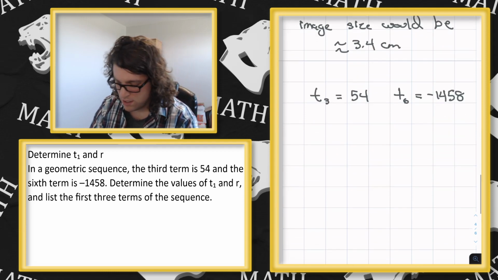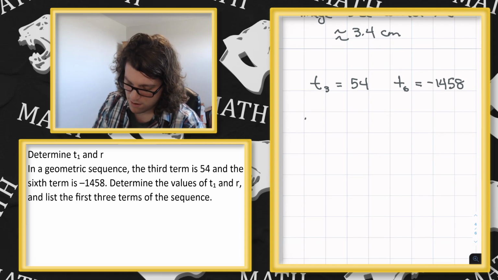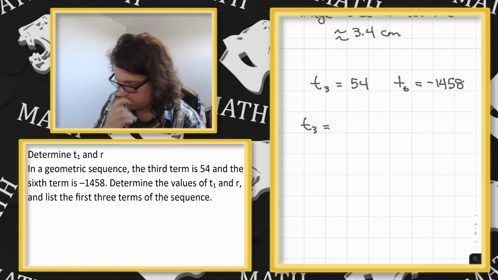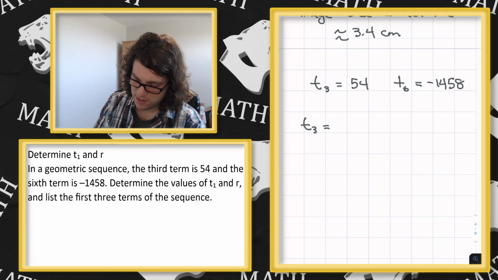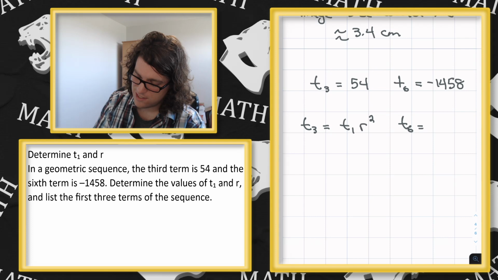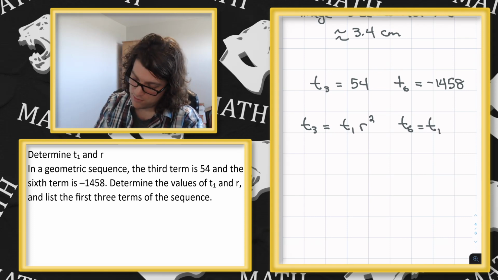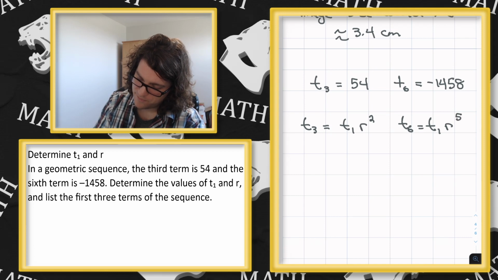1458. So what we have here is T3 is the same thing as T1 times r to the n minus 1, but our n value for that one is 3, so it's 3 minus 1, which is 2. And T6 is equal to T1 and then r to the n minus 1, which is r to the 5, actually.